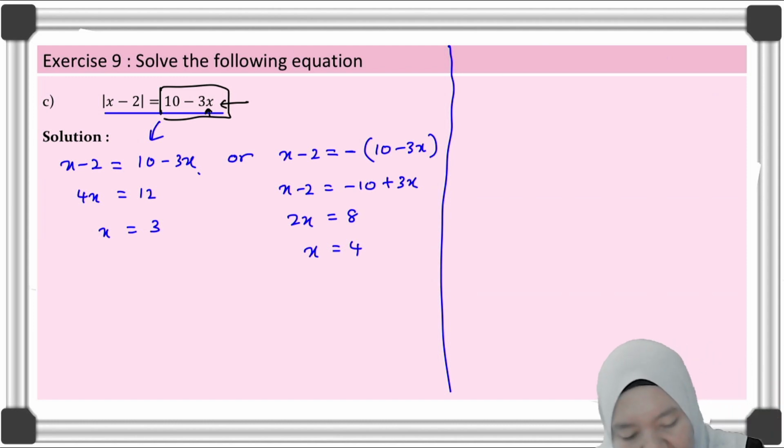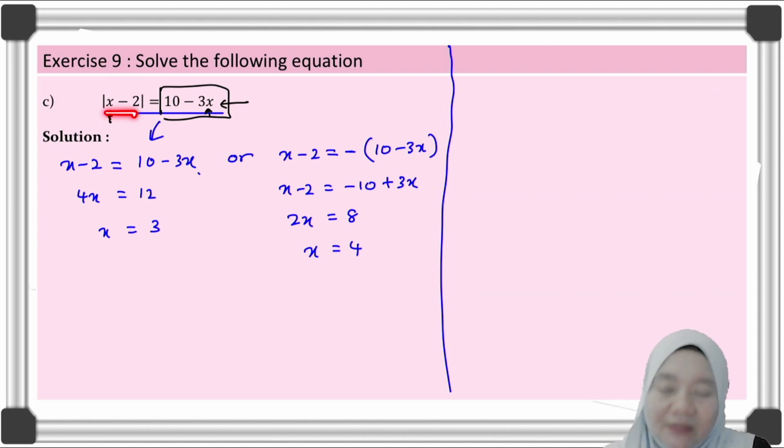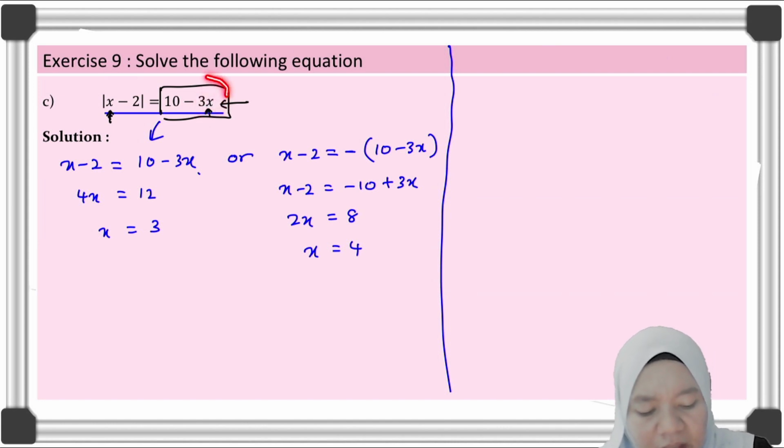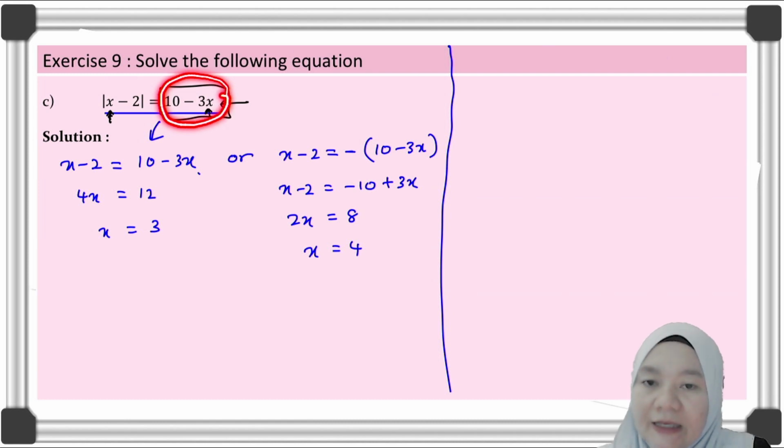Kalau ini ada unknown di sini dan dia berada dalam absolute value, maksudnya apa? Nilai ini akan jadi sentiasa positif. Right? Tak kira apa nilai x kita, di sebelah kiri kita akan sentiasa positif. Tetapi di sebelah kanan saya tak ada absolute value. Right? So maksudnya apa? Kalau kamu faham, nilai x ini akan mempengaruhi value di sebelah kanan.